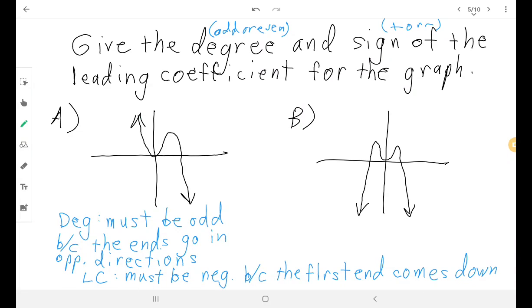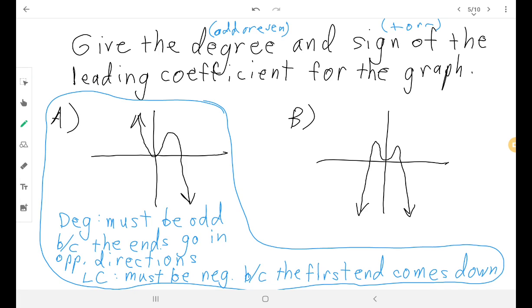That is to say, it starts up here and comes down like that. So if you were tracing this and you were moving from left to right, you'd have to trace down first, and then at the end it again traces down. Okay. So the first end comes down, or that is, the first end is pointing up, however you want to think of it. So that's how I know that for A, and this is all for A.